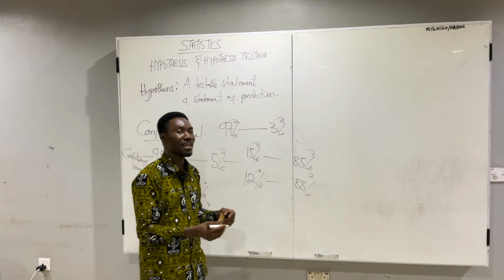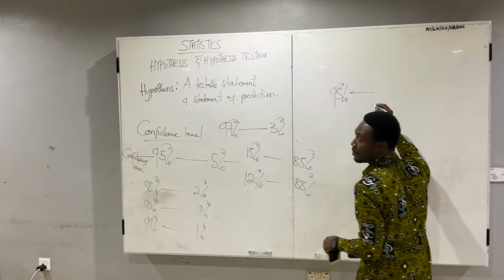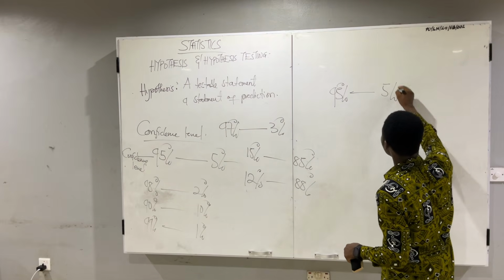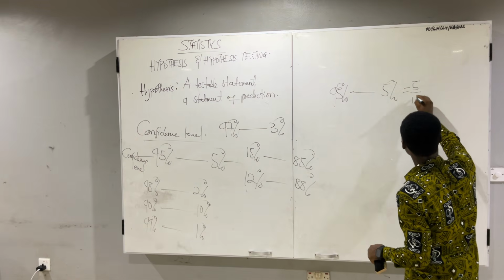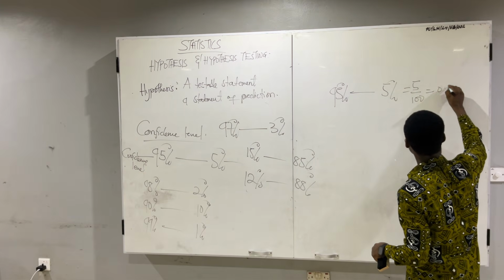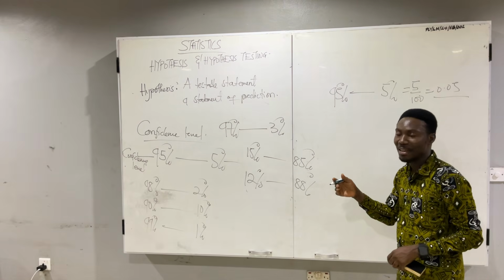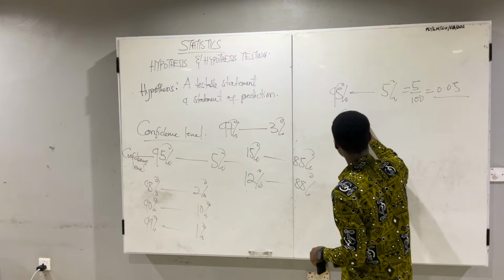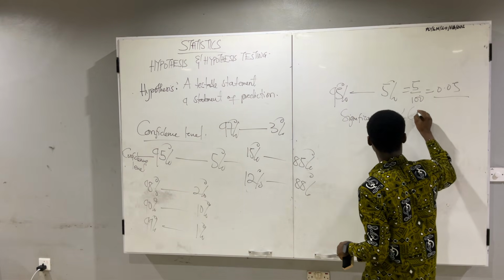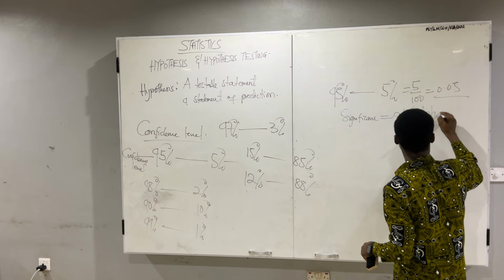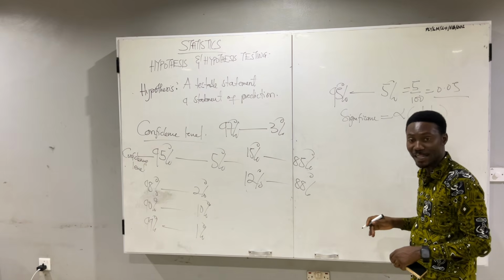So if a statistician is going to perform a test and his confidence is 95%, what it means is that the significance is 5%. But this 5%, you can also write it as 5 over 100. And 5 over 100 is 0.05. Is that okay? But usually the alpha, remember significance is equal to alpha, we want you to write it in the decimal expression.